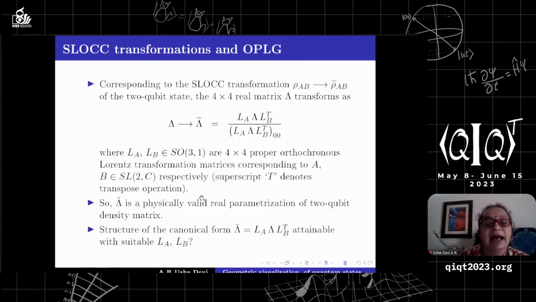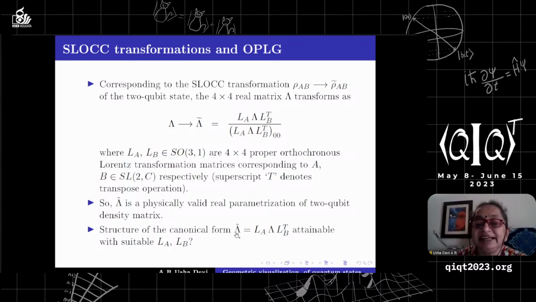So I notice that under such a stochastic local operation, I do get a valid, physically valid real parameterization of the two-qubit density matrix. Now, instead of the two-qubit density matrix, if I focus on the lambda matrix, do I identify a canonical form achievable with the help of only the set of all Lorentz transformations?